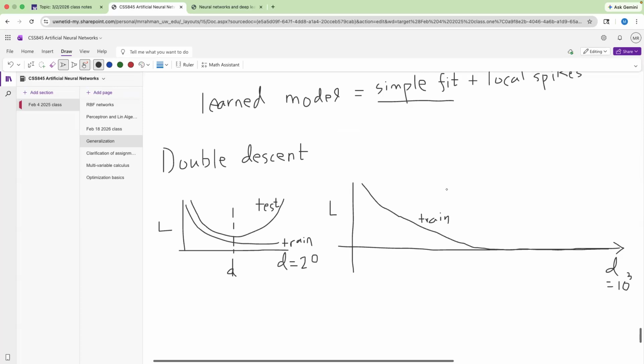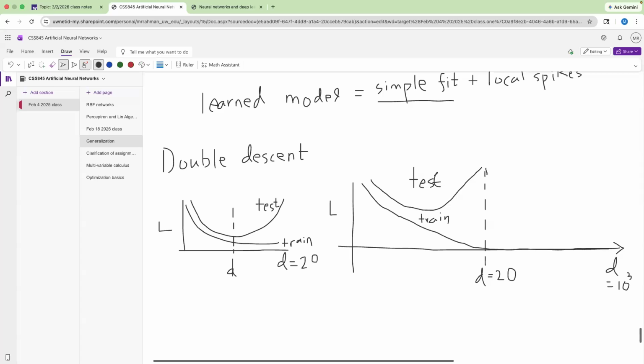And now what we see is that we have this threshold region. For the test, we see initially similar behavior, where at some point the test risk, this is your test error, shows overfitting. But when we overfit at, let's say, about d equal to 20, instead of trying to have a simpler model, we keep pushing to a more complex model, where we go to d equal to 1,000.